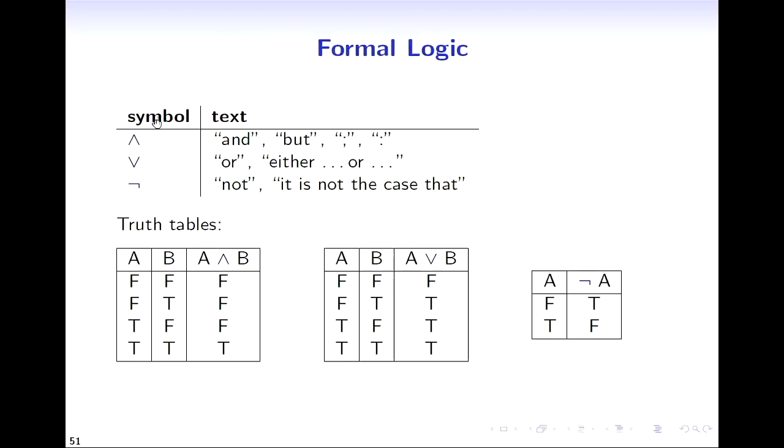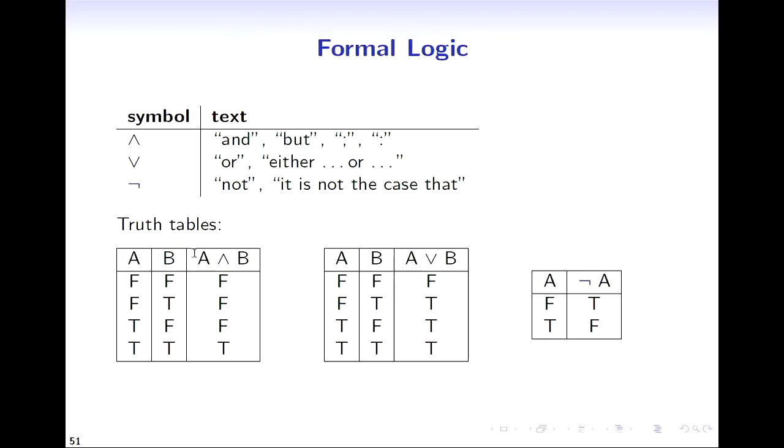We can express the meaning of these three operators with the help of truth tables, where we say that when we can say whether the individual statements A and B are true or false, is the composition of these statements true or false?